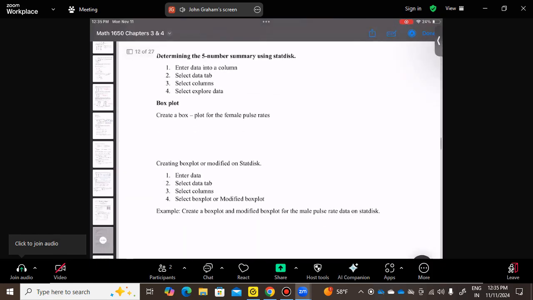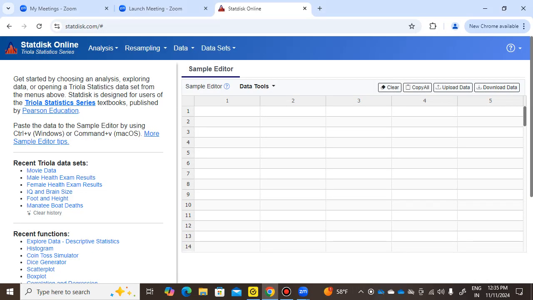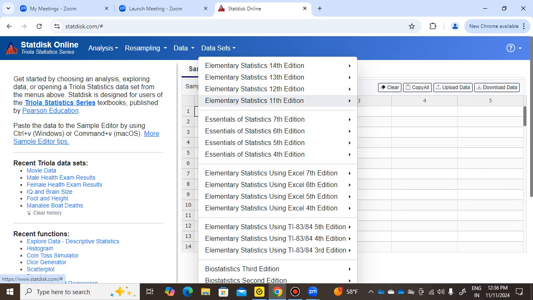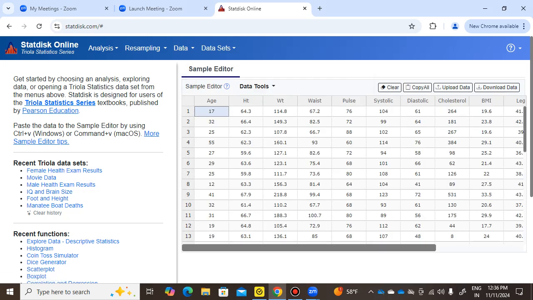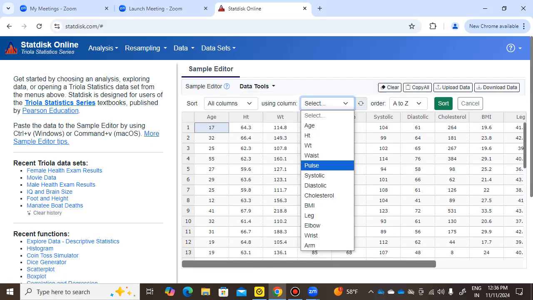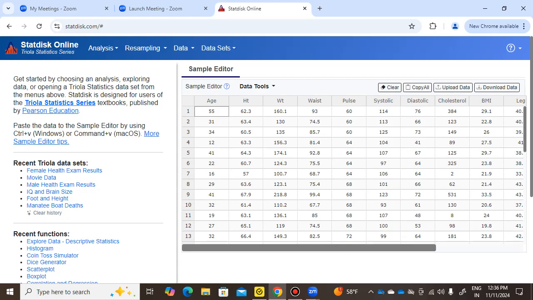Now, to find this on StatDisk, we have to type in the values. Let me go back up here. Actually, I'm doing our pulse rates. Let me see if we have them. I'm not sure if they're the same. Low to high: 60s, 64, 64s there.